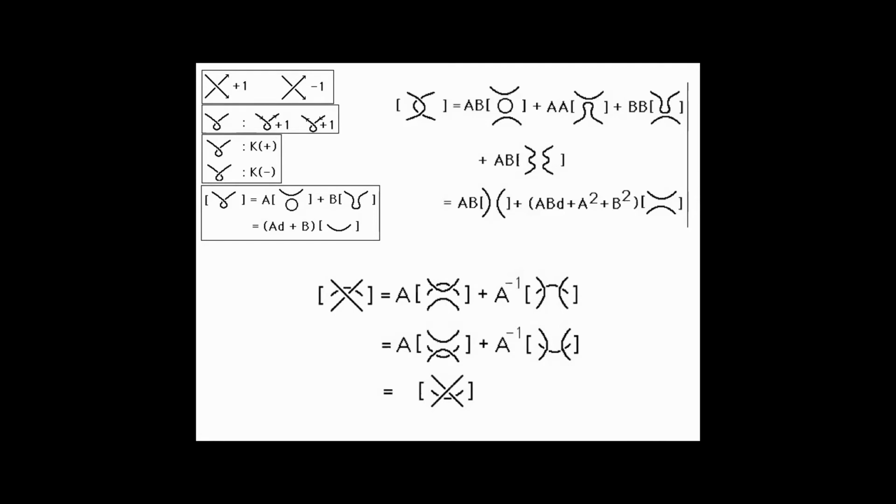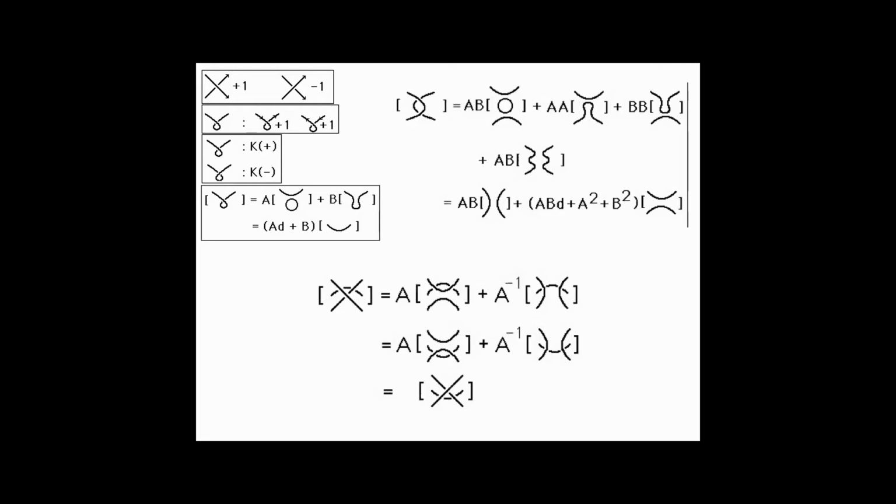And as you see, I get four terms because there are two crossings. They go AB, A squared, B squared, and AB, and collect the terms with a loop giving us a D, and we get AB times the bracket on the vertical parallel smoothing, and ABD plus A squared plus B squared times the horizontal smoothing, where I'm using vertical and horizontal just to describe the picture.